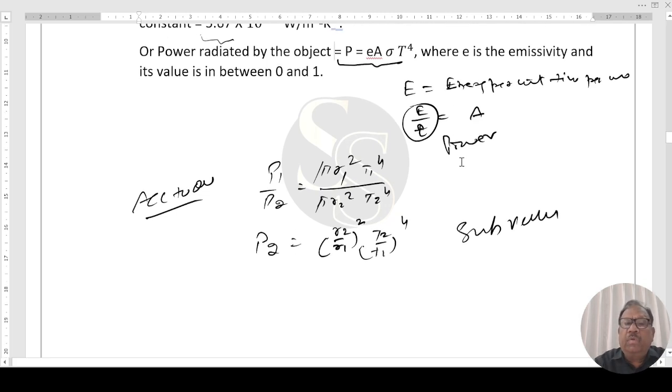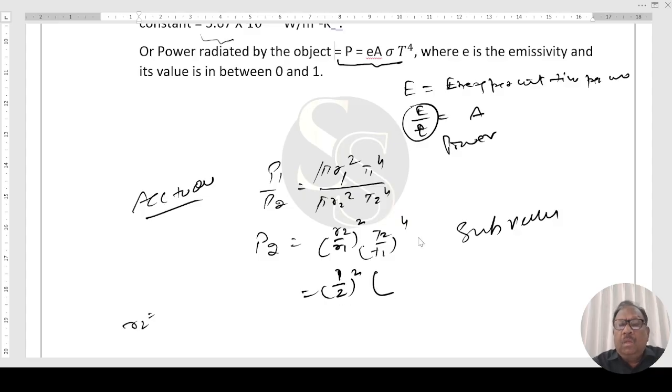On substituting values you get radius is half, so R2 will be equal to 1 by 2, and temperature is doubled, so this will be 2 to the power 4.